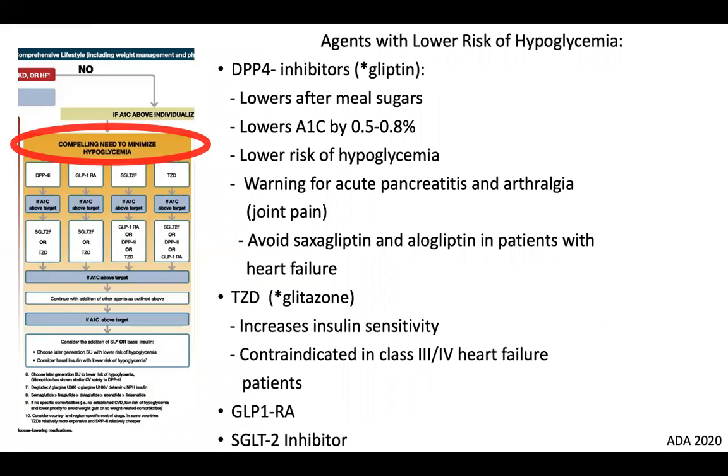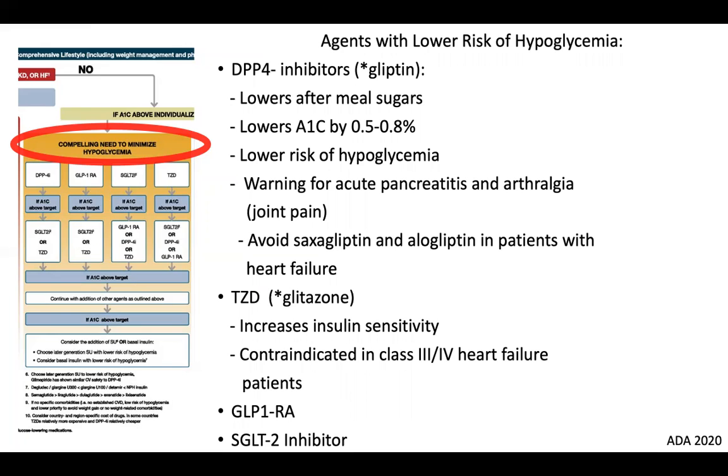In patients at a higher risk of hypoglycemia, DPP4 inhibitors, GLP-1 receptor agonists, SGLT2 inhibitors, and TZDs are agents of choice. DPP4 inhibitors work by preventing an enzyme DPP4 from breaking down the incretin hormones.